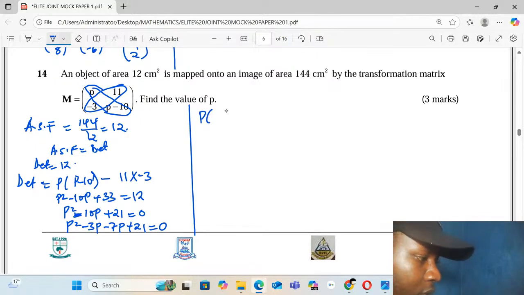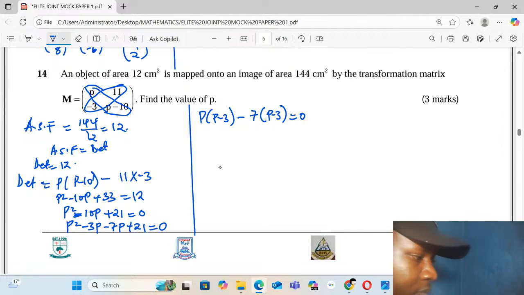P is common, so we have P into (P minus 3), then minus 7 into (P minus 3), equals 0.